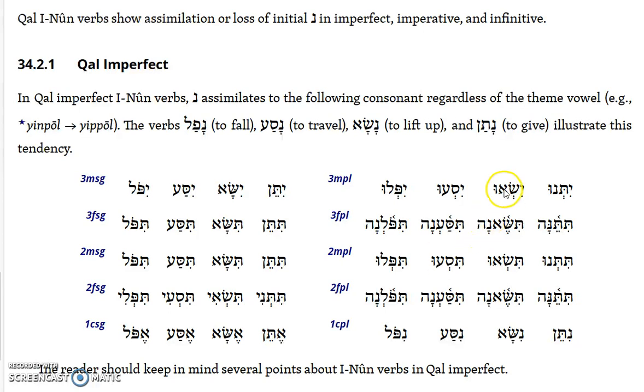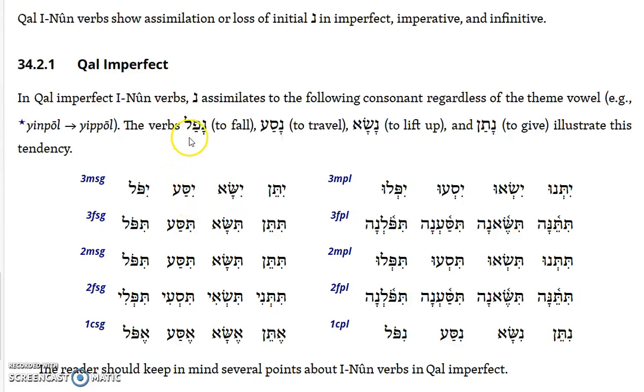So we'll start off with first noon verbs. The qal of first noon verbs shows assimilation or loss of the initial noon in the imperfect, the imperative, and the infinitive.